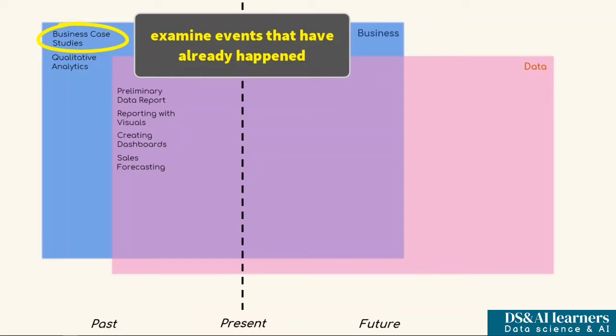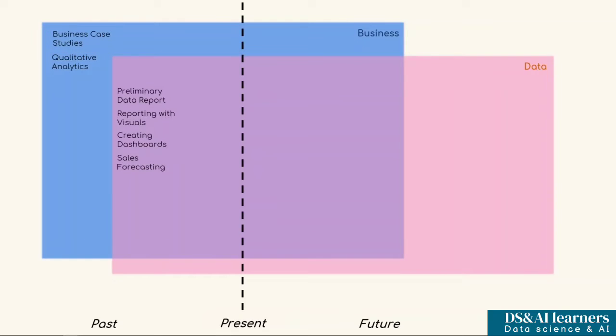Business case studies examine events that have already happened. For instance, one could learn from them and attempt to prevent making a similar mistake in the future, right? As a result, we could say studying business cases is part of your analysis. So, this activity refers to the past. Hence, it must be located on the left of the vertical line on our graph.